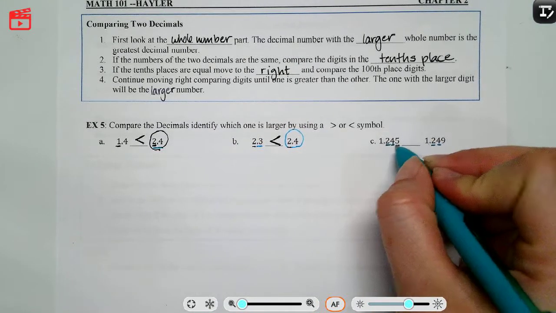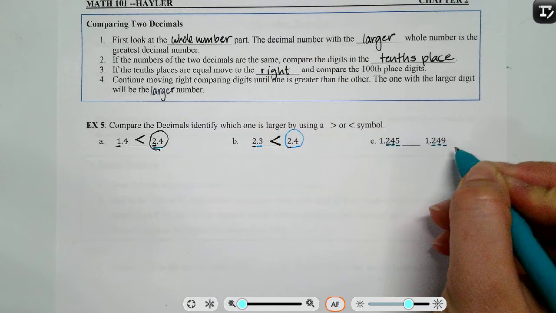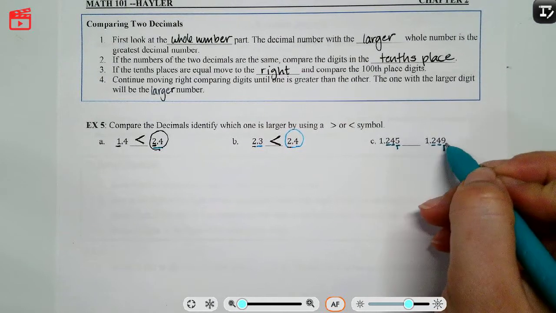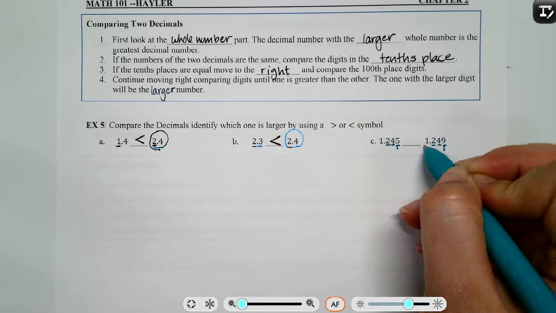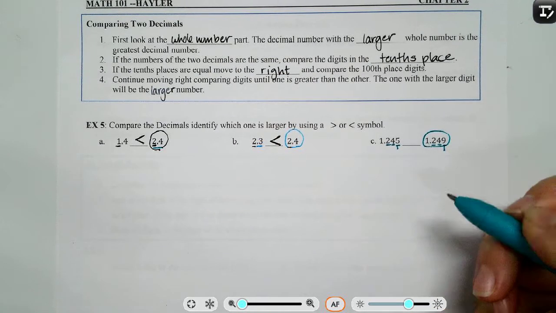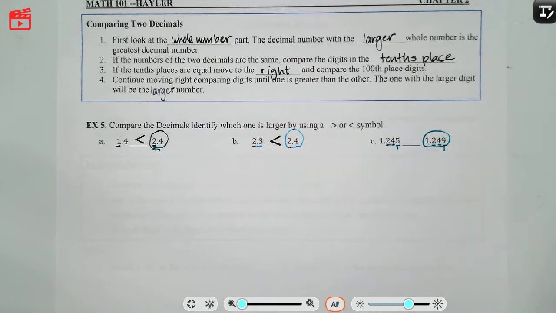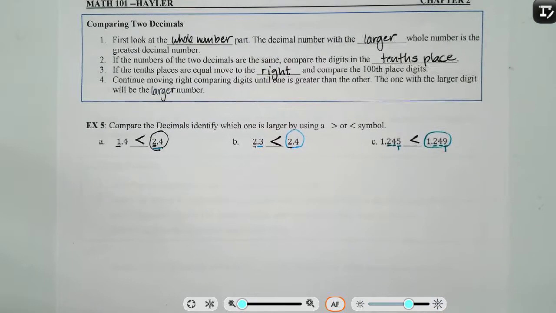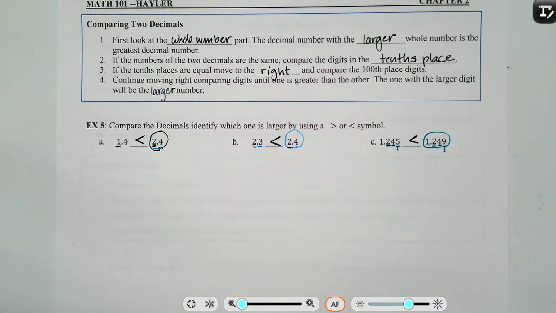Let's look at the 5 and the 9. Aha, finally these two are different. Which one is bigger? The 9 is bigger than 5, therefore that is the larger number. Okay, and we'll go ahead and fill in the greater than symbol for that one. Okay, so you just continually move to the right until you figure out which number is bigger.